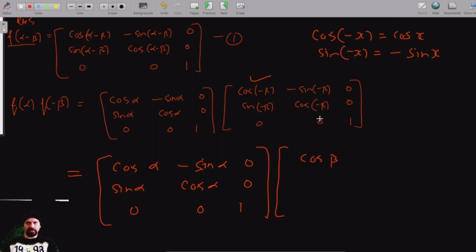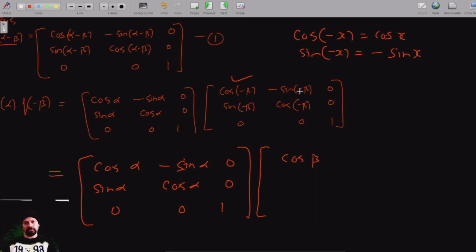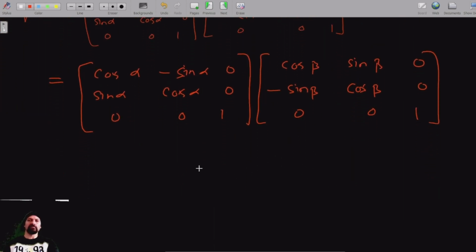So this is cos beta, and minus sine of minus beta is minus minus sine beta, which is plus sine beta, 0, and this is negative sine beta, cos beta, 0, 0, 0, 1. Okay, now let's multiply this.